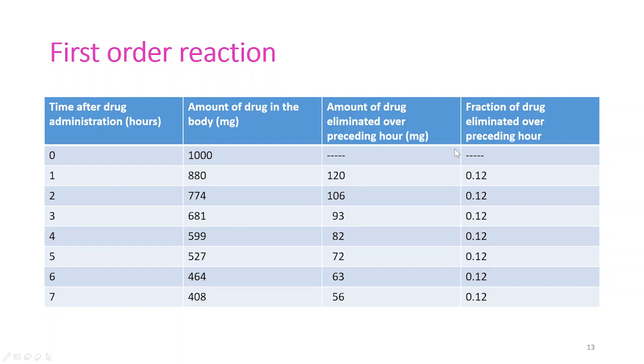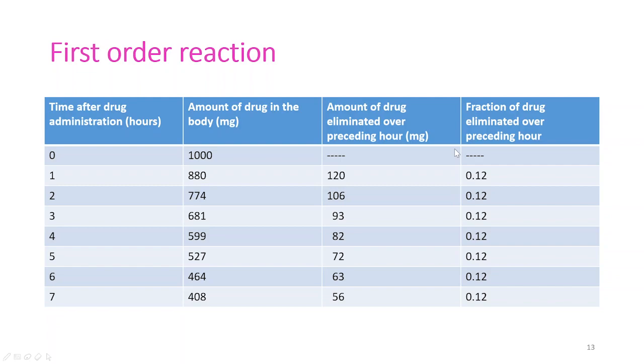With regards to half-life, in the first order reaction, the half-life is constant. No? So for drugs that follow first order kinetics, the half-life is constant, meaning the time it takes to reduce the drug in the body by 50% is constant, unlike in zero order where it is not constant.